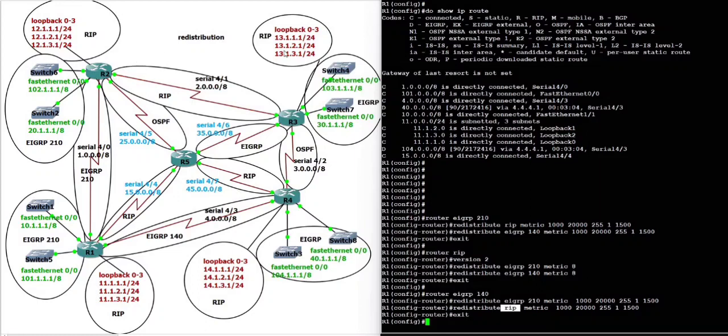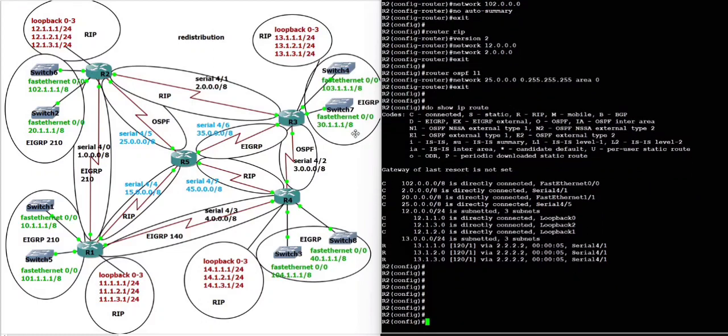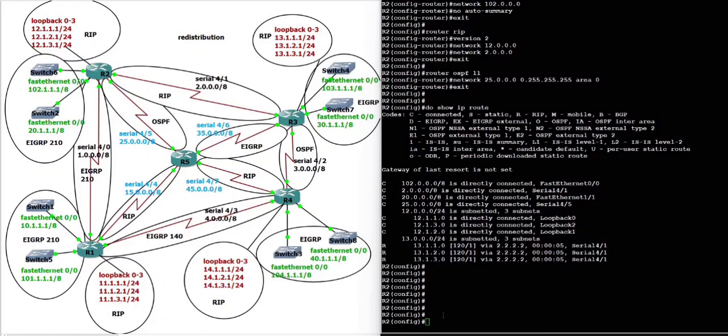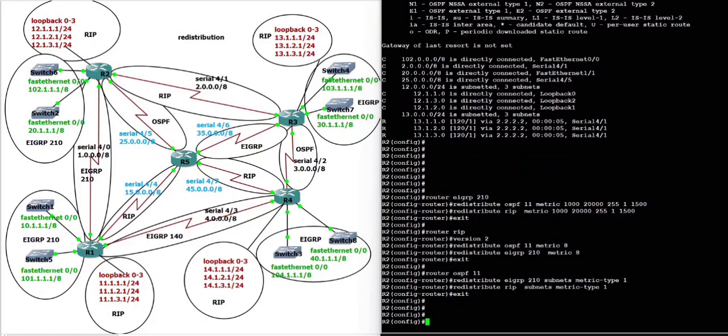So now we go to router 2. Here also we have 3 routing redistribution: RIP, OSPF and EIGRP. EIGRP 210 redistribute OSPF 11 and RIP.